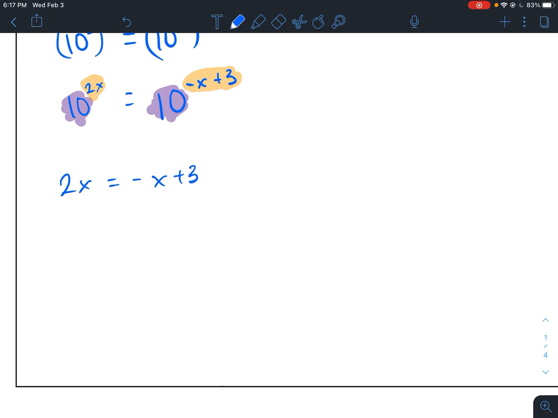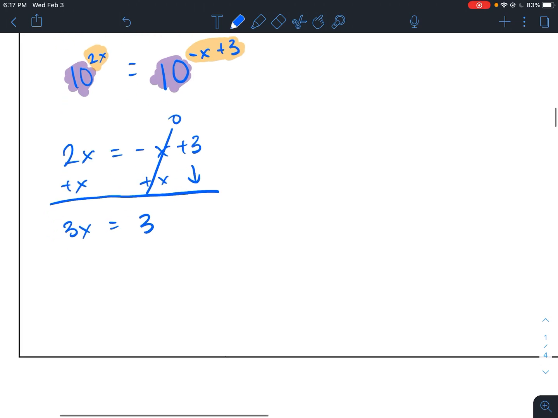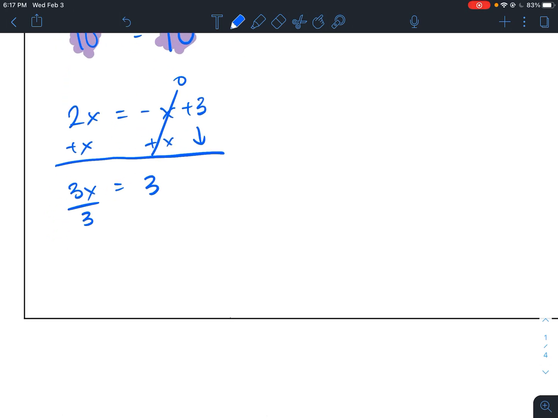Now I can solve for x. I just have a regular algebraic equation. Here I'll add x to both sides. On the left side, this becomes 3x. Those cancel because they equal 0, and I'm just left with 3. I can divide by 3 on both sides, so x is equal to 1.